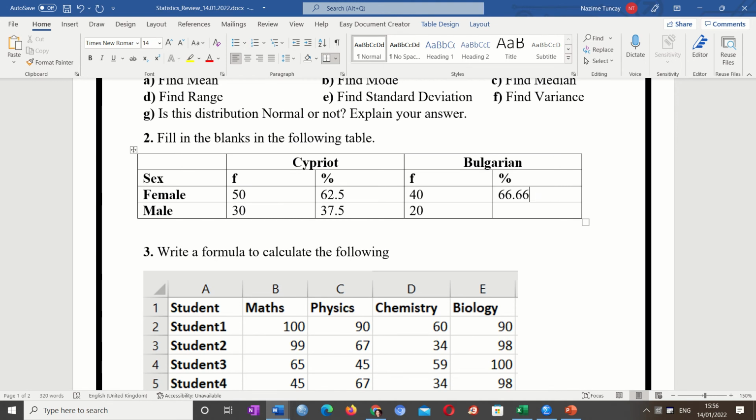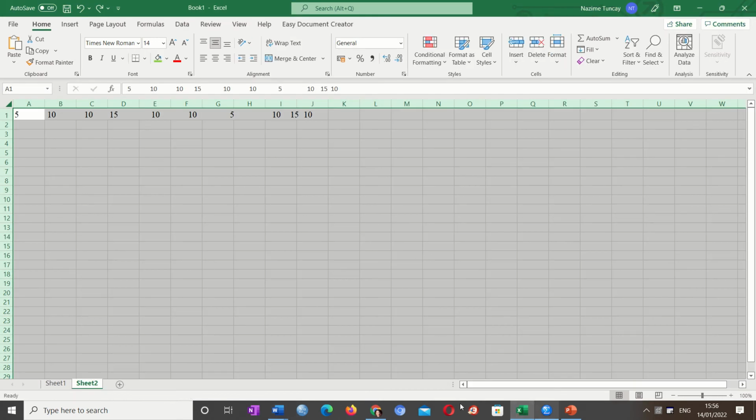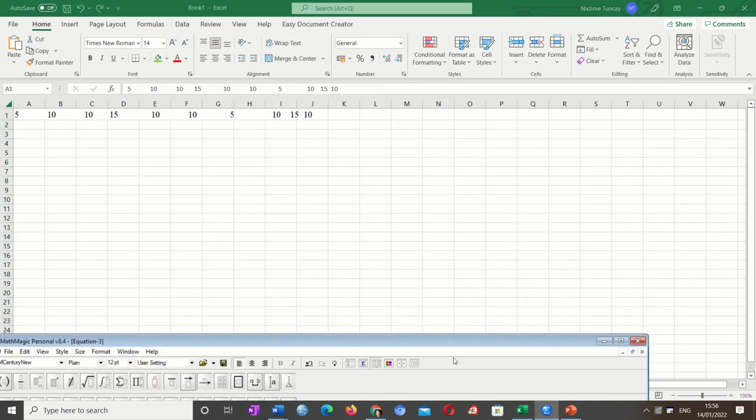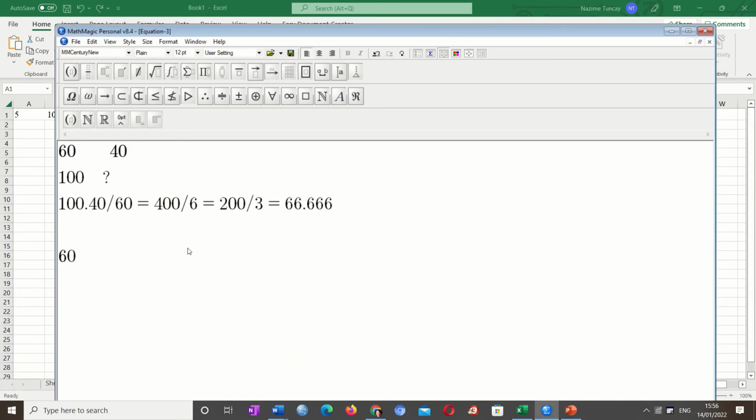And now here, if the number out of 60 is 20, let's calculate it here. Out of 60, if the number is 20, what is out of 100? We are going to do the same calculation.